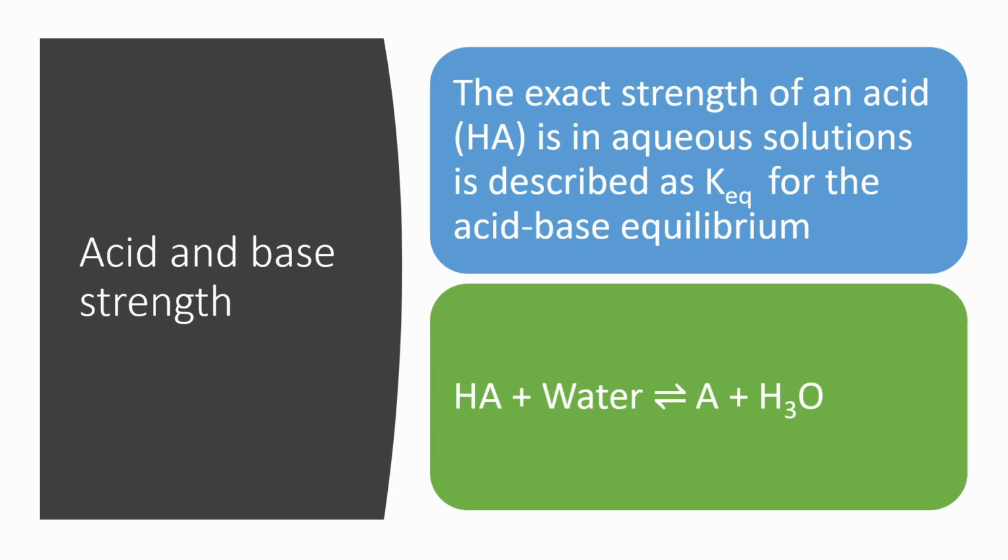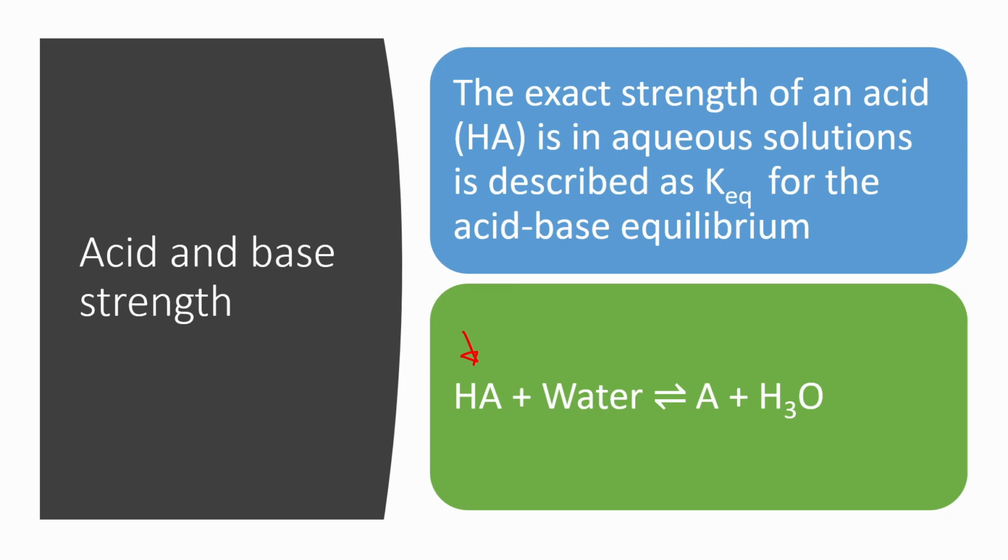Next, let's talk about the acid and base strength. The exact strength of an acid, HA, in aqueous solution is described by Keq for the acid-base equilibrium. This is the dissociation formula of our acid.